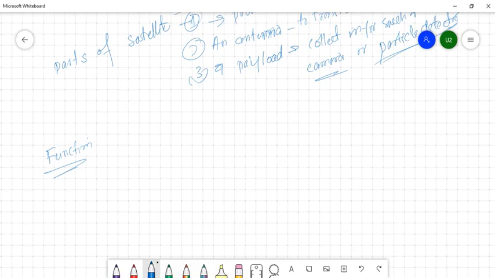When it is taken to the desired altitude, then pushed up at the right velocity to begin and maintain its orbit in a proper altitude, right?